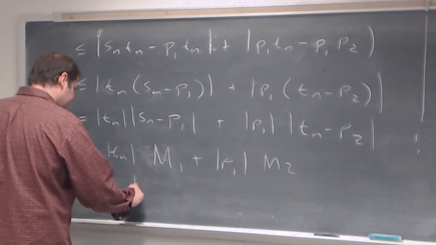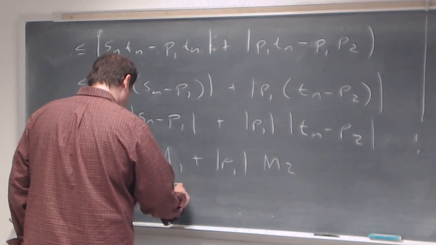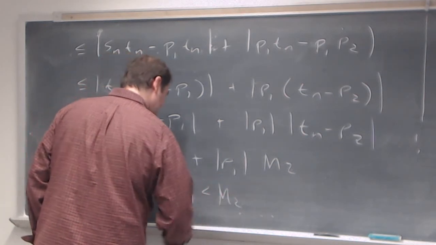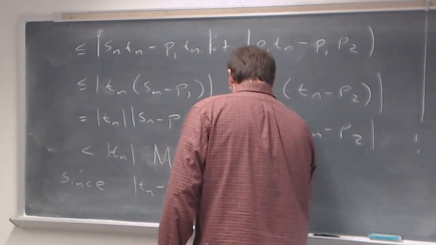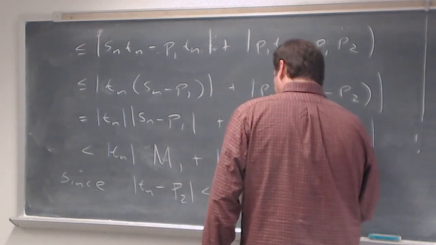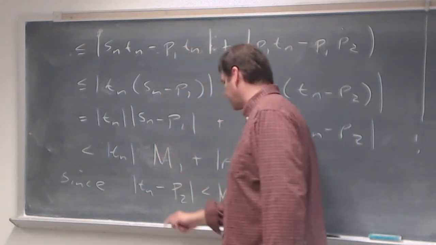Since T sub n minus P2 is less than, it was M2, wasn't it? Okay, then what that says is that this right here is a real number, okay?